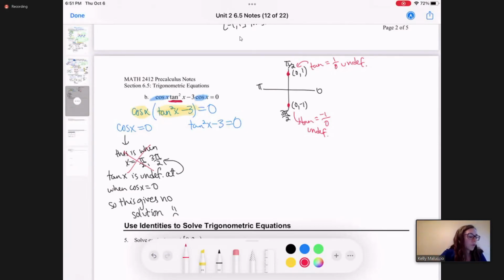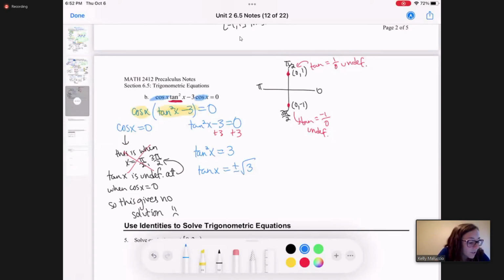So now we're relying on this other one. We're going to add 3 to both sides and hope that this gets us tan squared x equals 3, gets us some type of answer, right? So here we can say tangent of x is plus or minus the square root of 3. I'm feeling good about this because this should get us an answer.